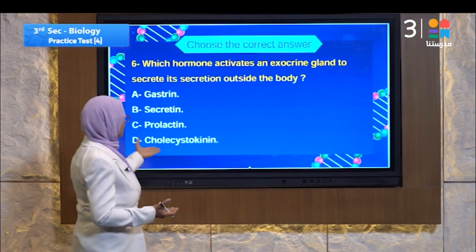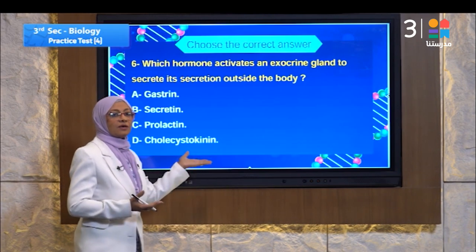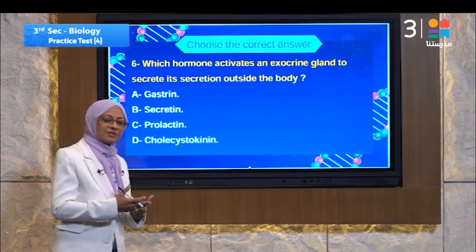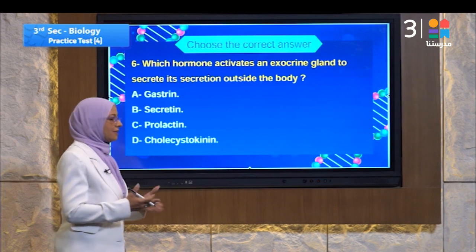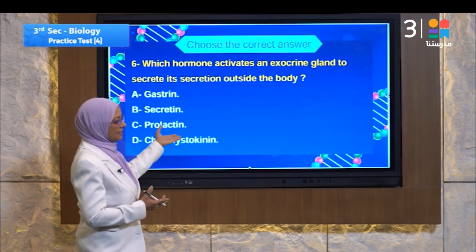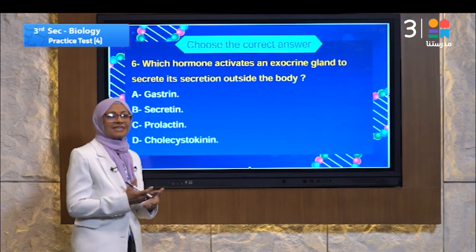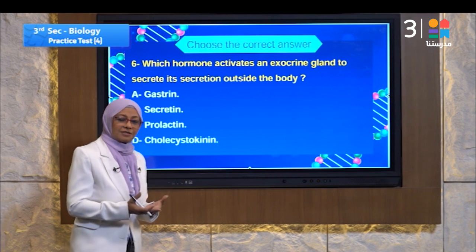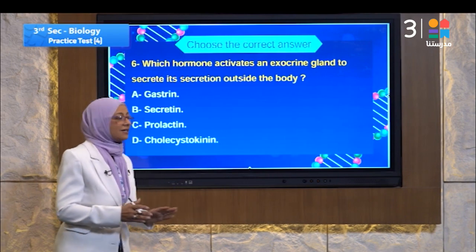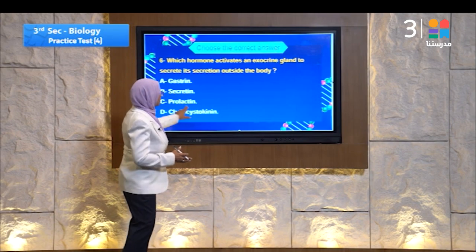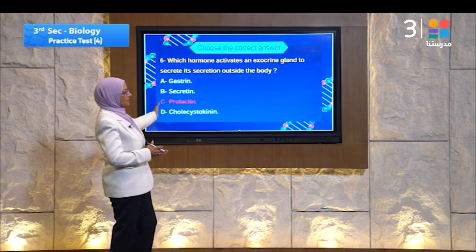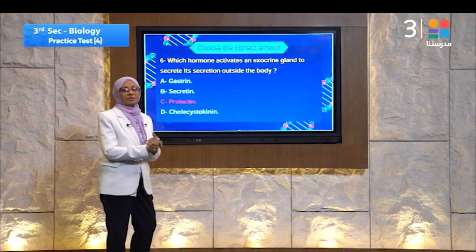Number D, cholecystokinin, its effect is in the gallbladder inside the body. So the answer must be C. The prolactin hormone affects the mammary gland to secrete its production outside the body as milk. So the answer must be C, prolactin.